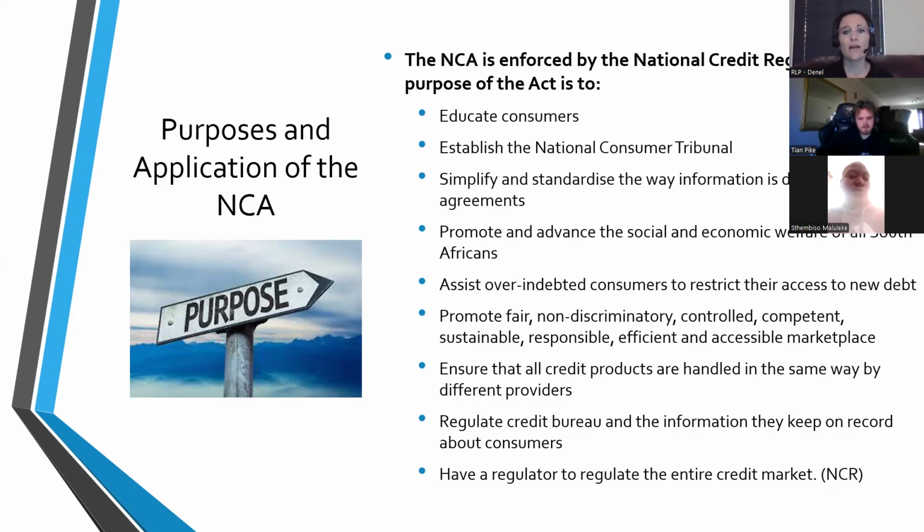And only then a credit agreement is signed with the same template, T's and C's, everything. The only details that change will be from one consumer to another. But what they're trying to say is that the process for a credit application must be handled the same way, even if it's a different credit provider.